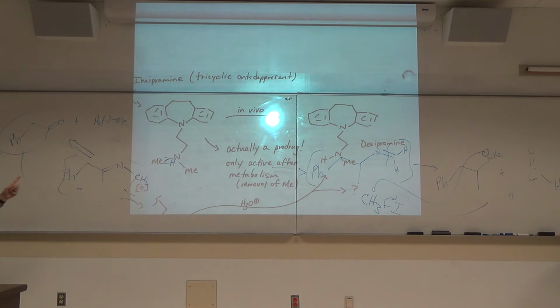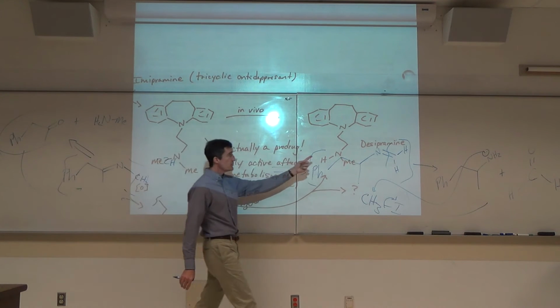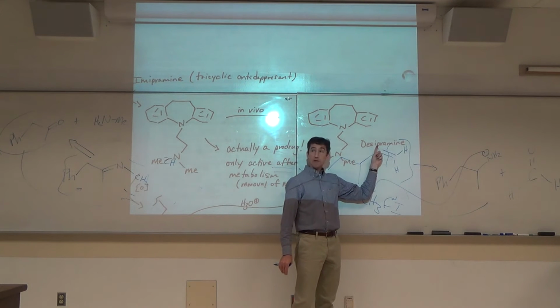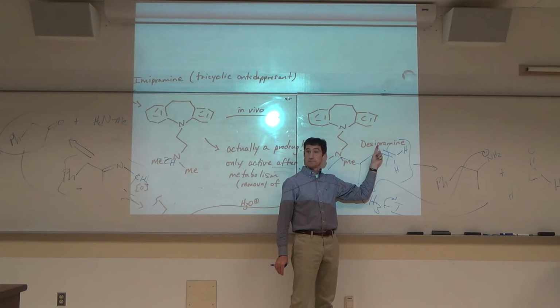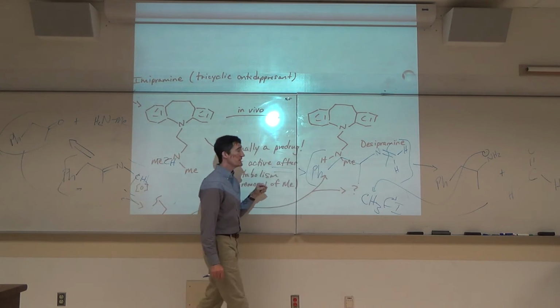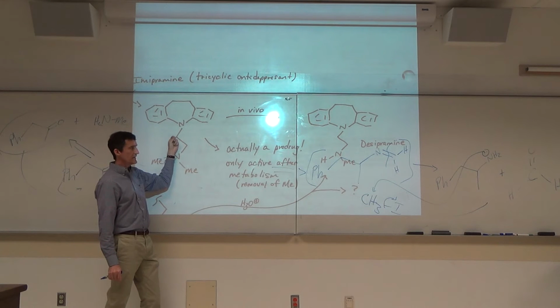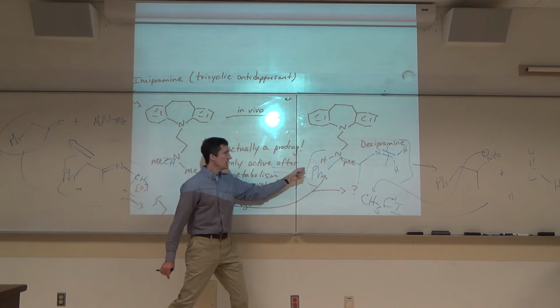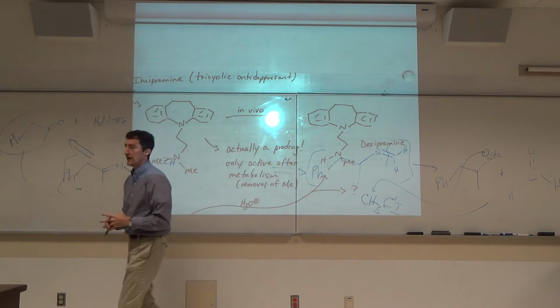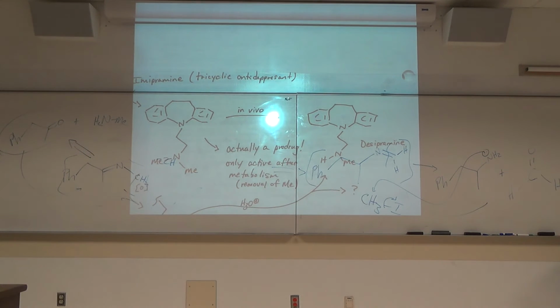Now, desipramine can also just be taken. But I think what happened is they found that this was active first, and then later on found out that it wasn't because of this compound, but it was because it was being metabolized. And so then you could say, well, let's just give desipramine.